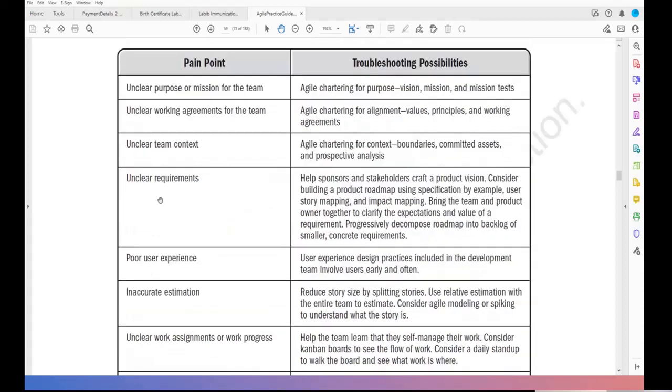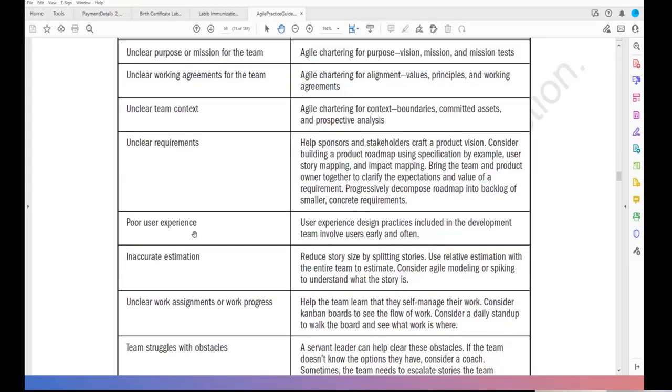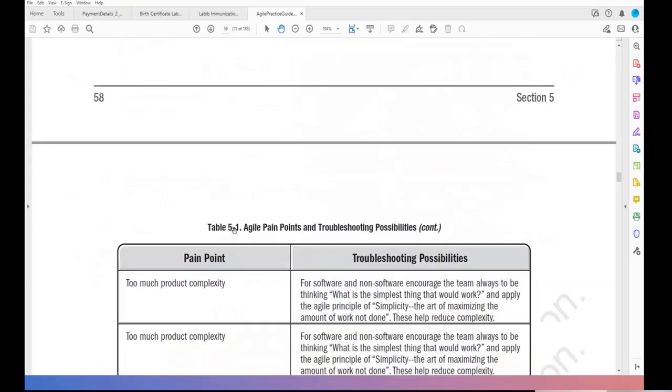That means this is a kind of pain point. You do not know the requirement. Then there is inaccurate estimation. For example, you think the work will take 100 story points, but actually it took 300 story points. That means there is a poor, inaccurate estimate.